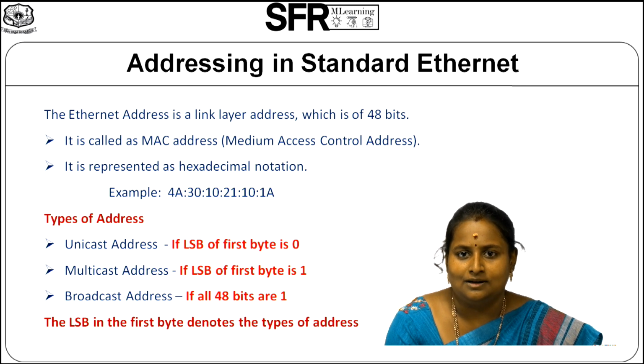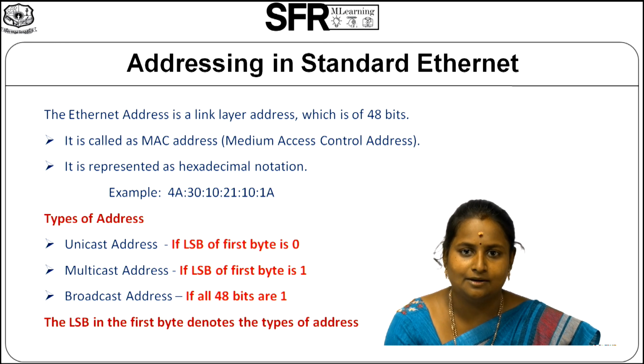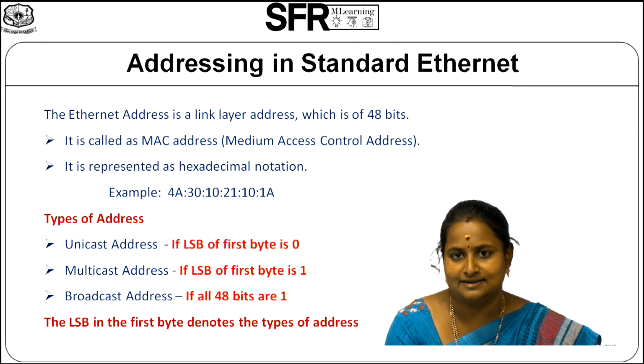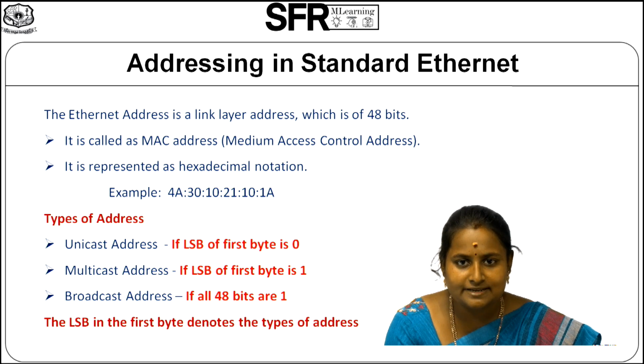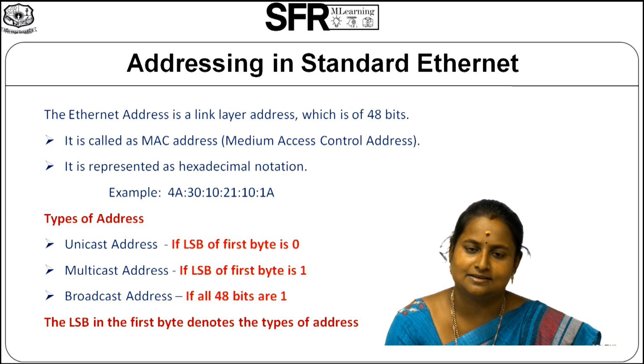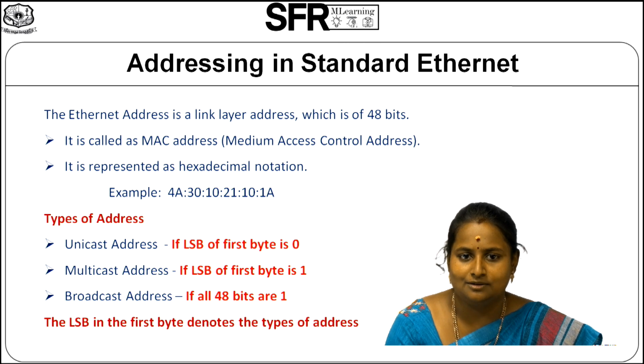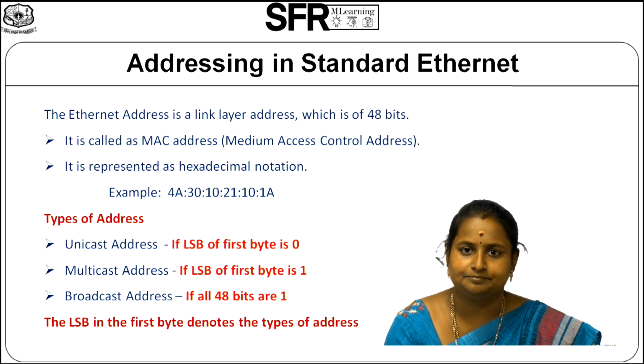The type of address is indicated by the least significant bit of the first byte in the address. If the least significant bit of the first byte is 0, then it is a unicast address. If it is 1, then it is a multicast address. If all the 48 bits are 1, it is a broadcast address.